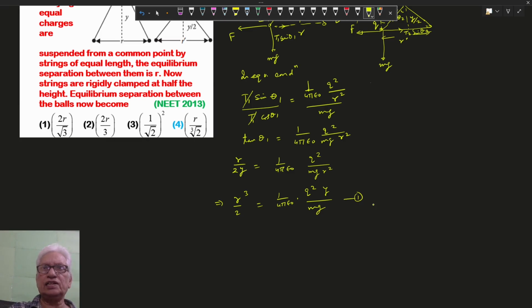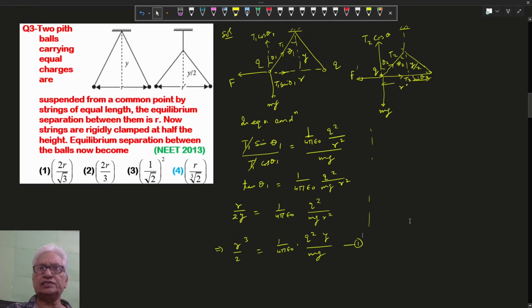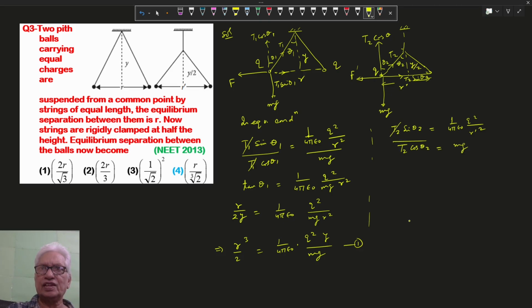Similarly, in figure 2, T2 sin theta 2 equals F dash, which means 1 upon 4 pi epsilon naught q square upon r dash square, and T2 cos theta 2 equals mg. Dividing, tan theta 2 equals 1 upon 4 pi epsilon naught q square upon mg r dash square.